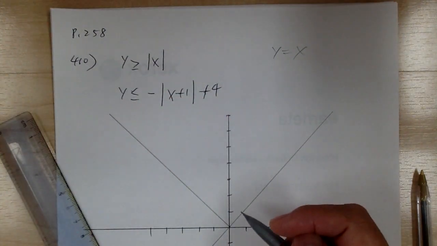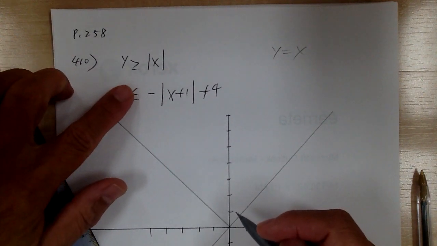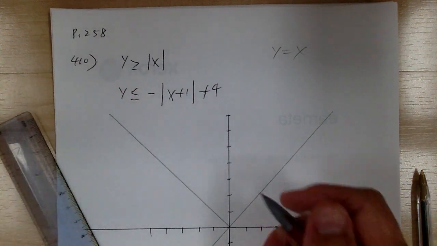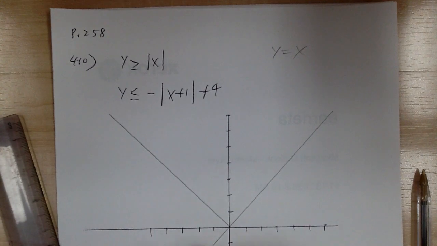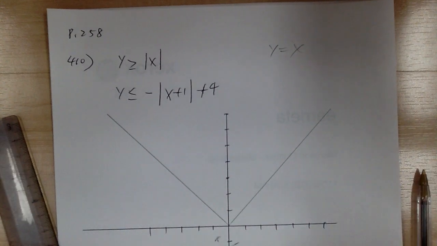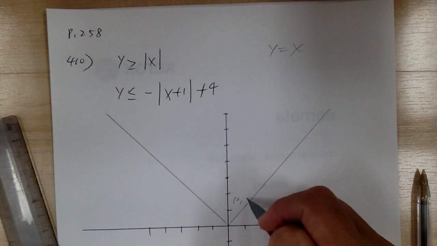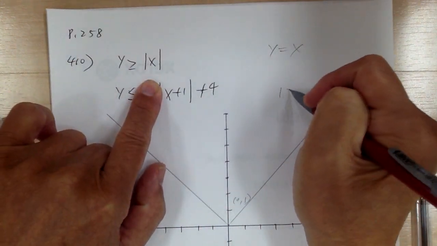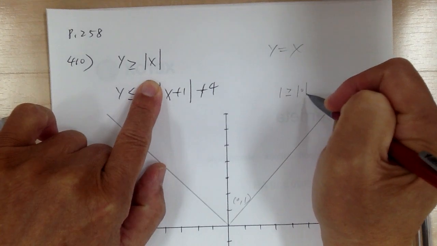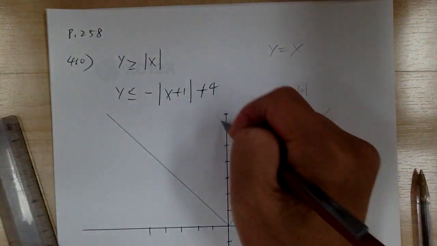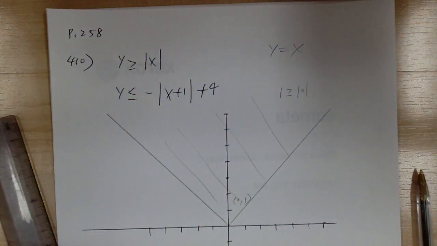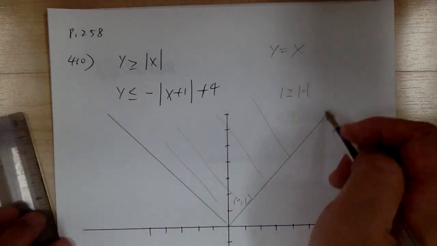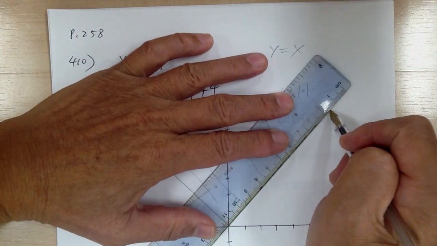Okay, and then to do the testing value, you use any point that is not on the line. So I'm going to use 0, 1 as a testing point. So substitute into here. So you got 1 greater than or equal to absolute value of 0. So that's true. So that means you shade in this part over here. Okay, so let's go ahead and darken the line.